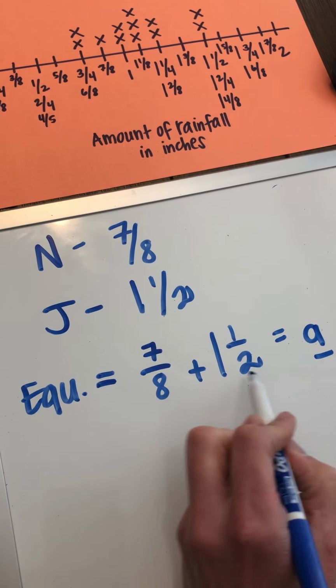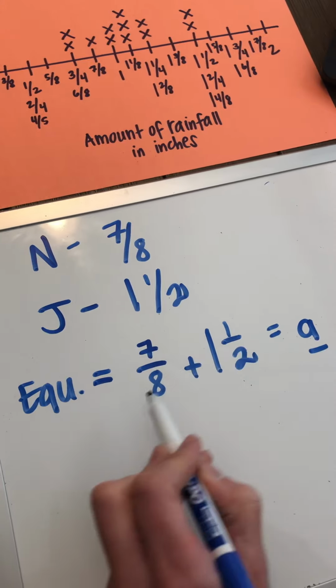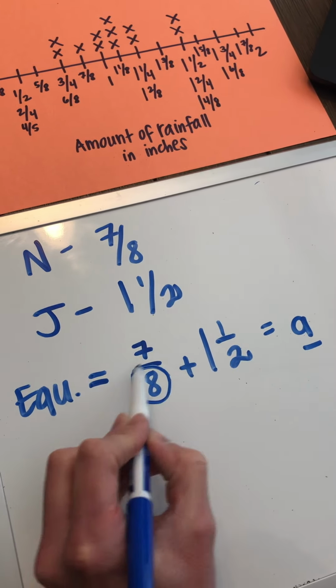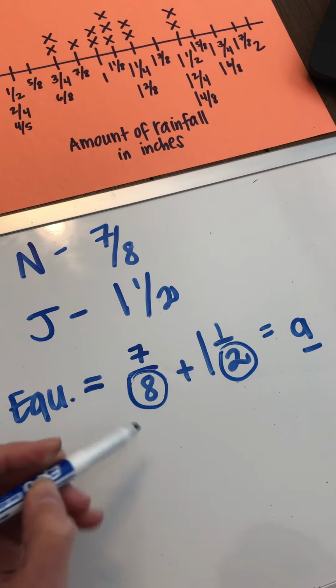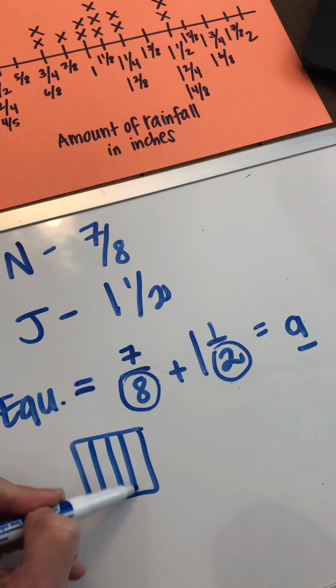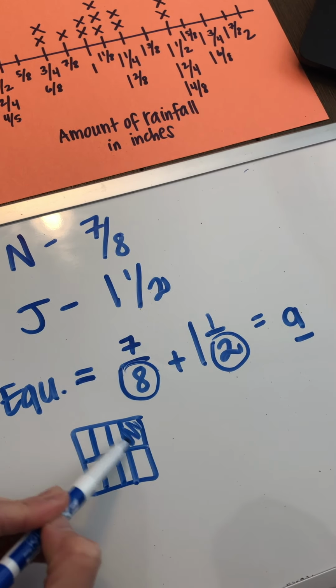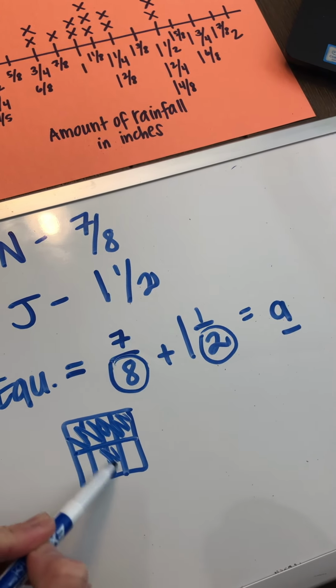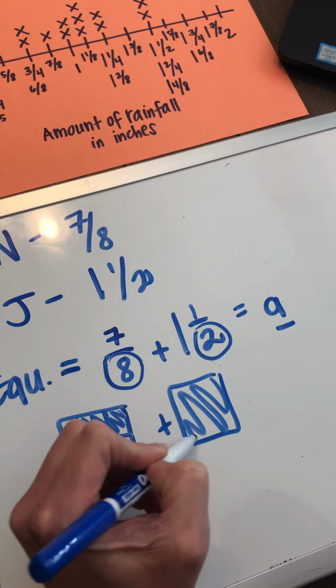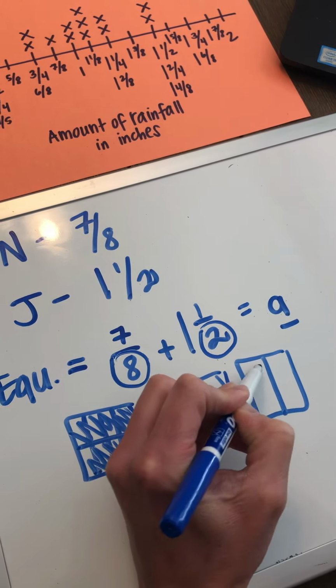So again, we're adding or subtracting, so we're not going to be able to add and subtract across numerator and denominator. We've got to find a common denominator. So again, we could draw our models. We could have 7/8 plus 1 whole and 1/2.